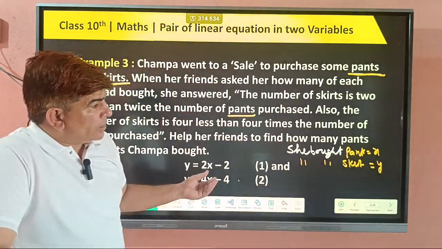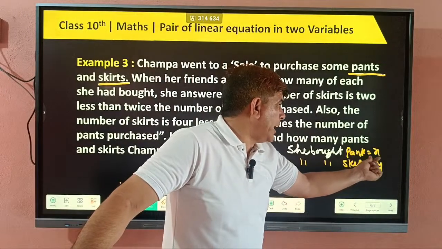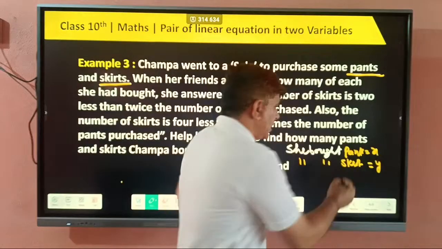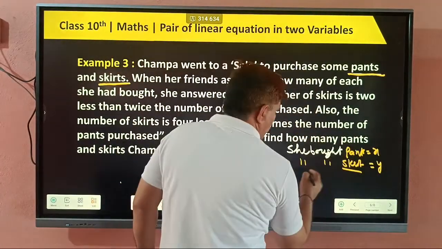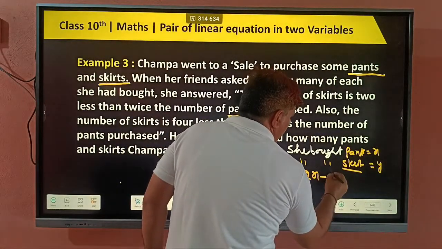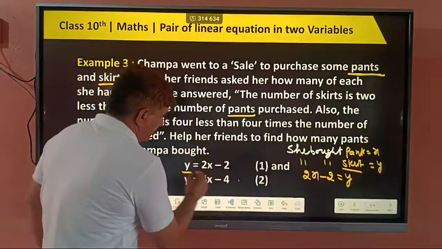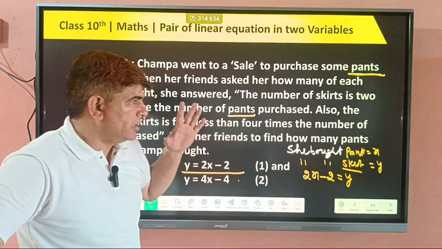She is saying the scripts are 2 less than twice the pens. What is its twice? 2x, and 2 less than that, this is equal to y. So y equal to 2x minus 2.